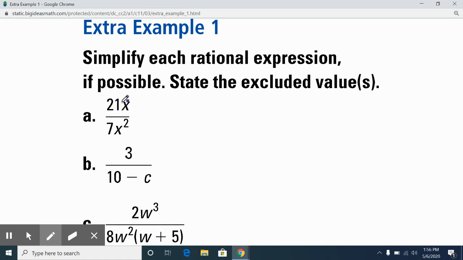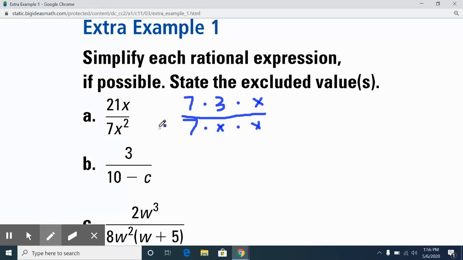They would take the prime factorization of 21, which would be 7 times 3, and then times the x. The prime factorization of 7: 7's already a prime number. Okay, so let's write it as a fraction. 7 times 1, which we don't have to show, and then how many x's do we have? 2.